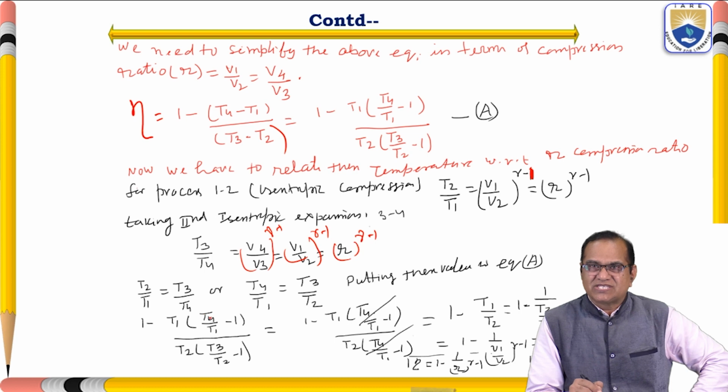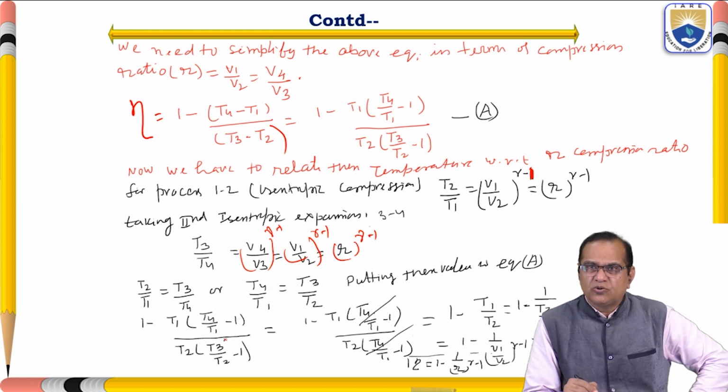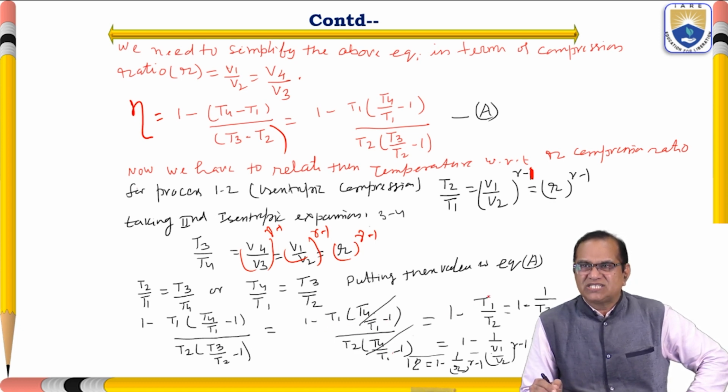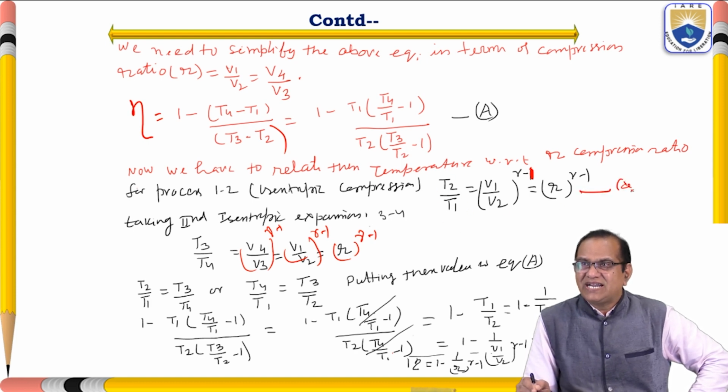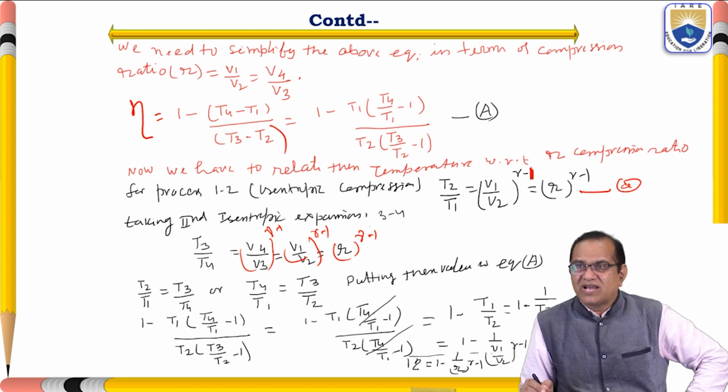In this equation we have T4 by T1, which is equal to T3 by T2, so these cancel. So we get 1 minus T1 by T2, which we can write as 1 minus 1 by (T2 by T1). From here T2 by T1 is R to the power gamma minus 1.